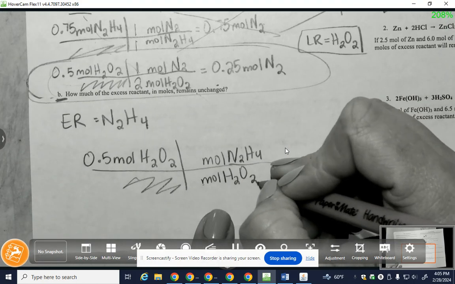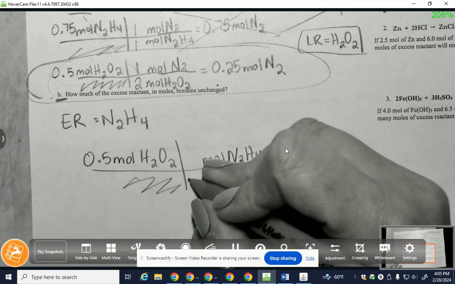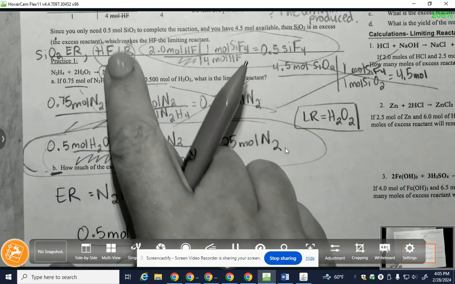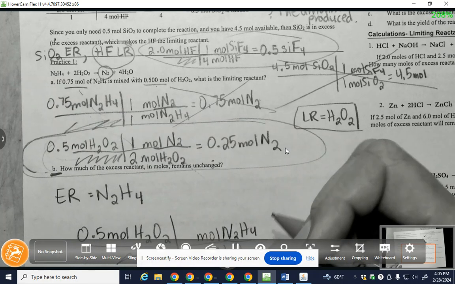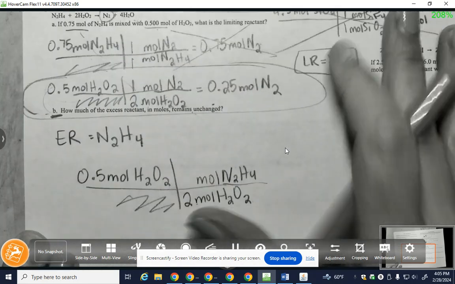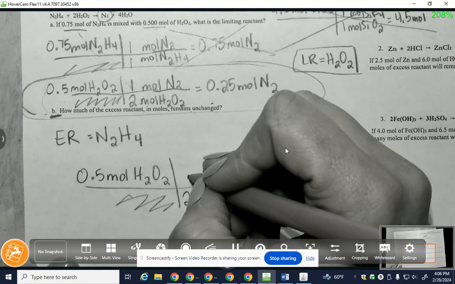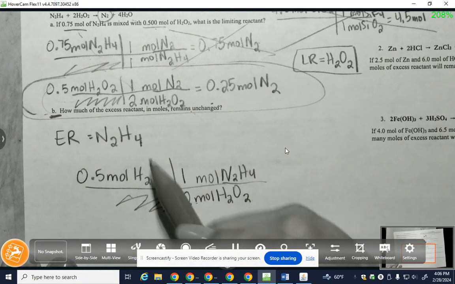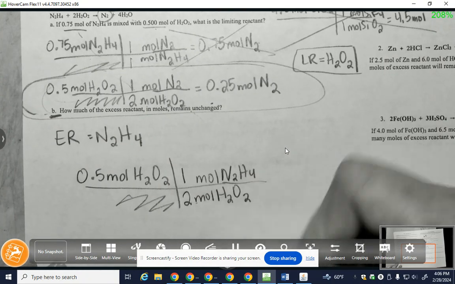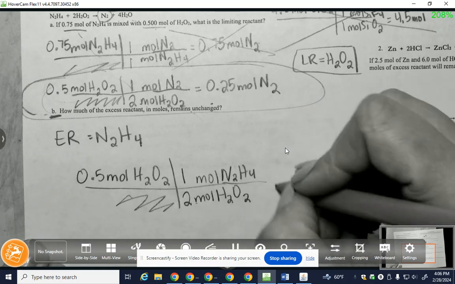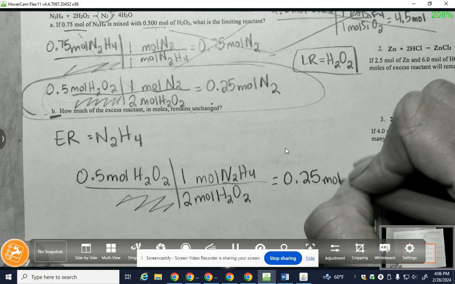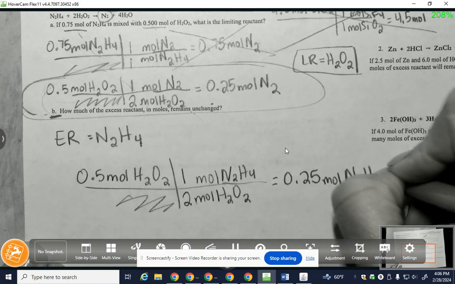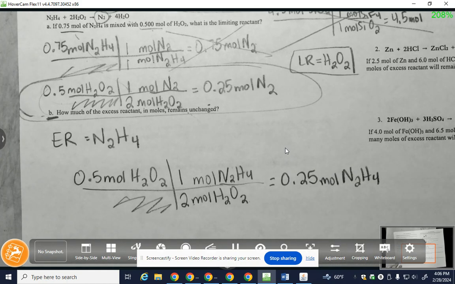H2O2 has a 2 in front of it. Again, we're pulling from our balanced equation right here. So a 2, and our N2H4 still has a 1. So 0.5 times 1, 0.5 divided by 2, 0.25. So 0.25 moles of N2H4 were used up.